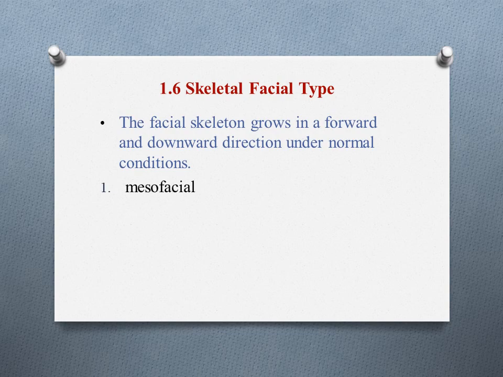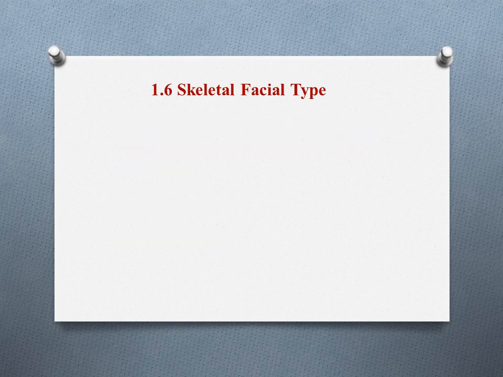In the mesiofacial growth pattern, there is a relative harmony in these two directions. The term brachyfacial is used to describe an individual with a short anterior face height and a wide face. Dolichofacial is the term used to describe a long anterior face height and a narrow face.